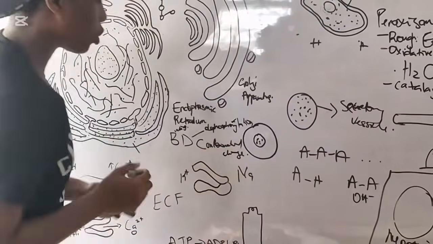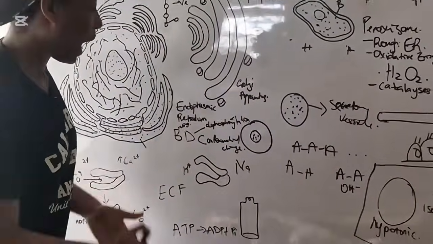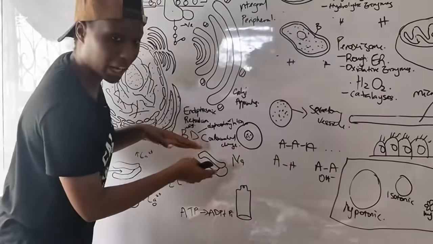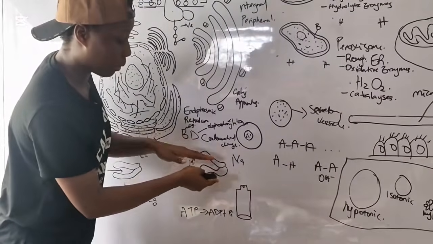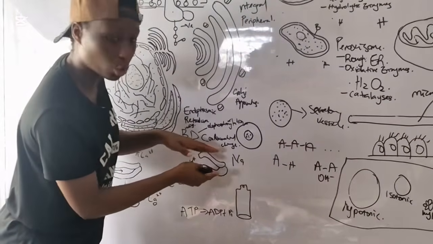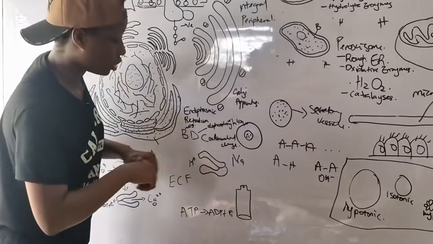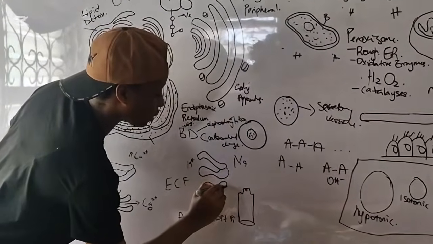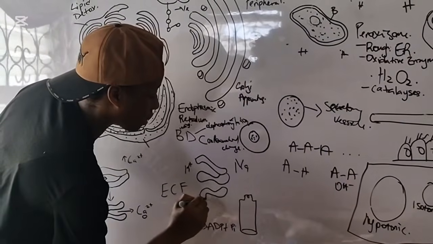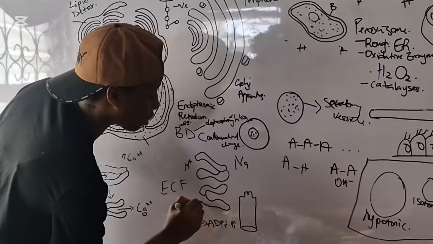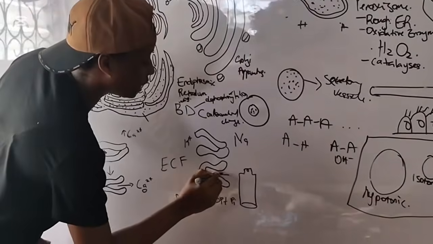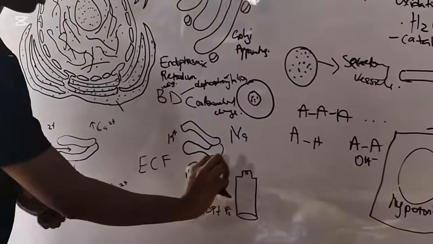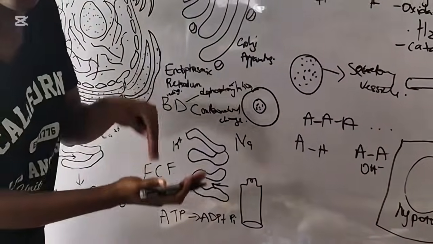The conformational change is going to cause this channel, because it's gated, to open and it will become like this. And it will let the sodium go in and then close again. It's a hinge-like motion, like the motion of a door.